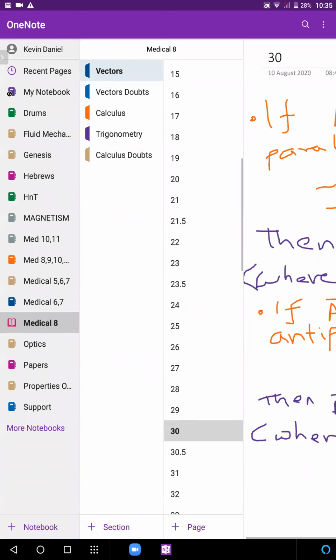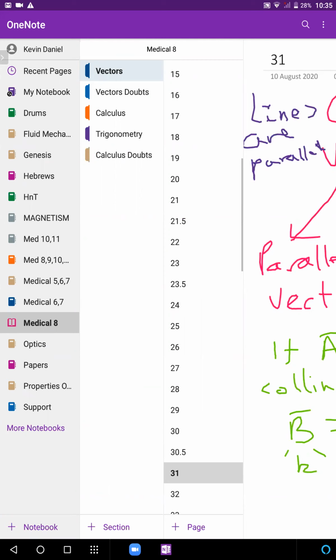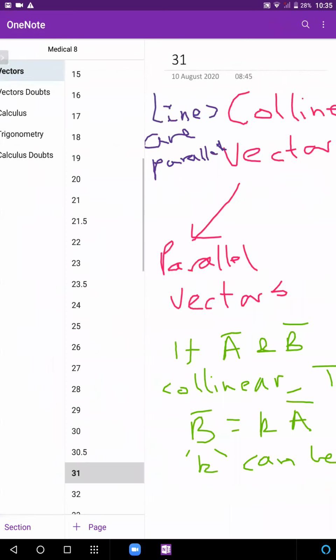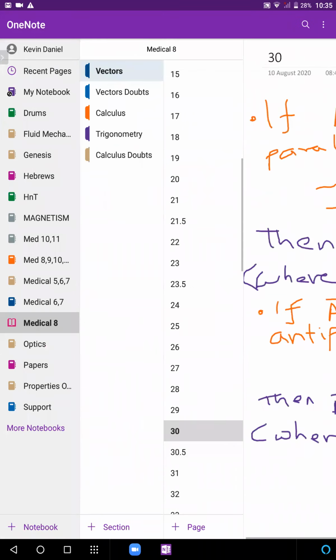In the last week's doubt session, I taught you how to decide when vectors are parallel and when they are anti-parallel, when they're given in i cap, j cap, k cap. So just leave some space and copy pages 30, 30.5 and 31. They are in the drive.